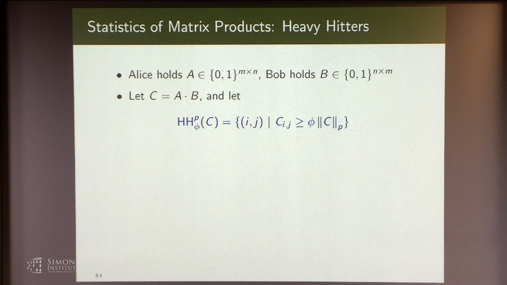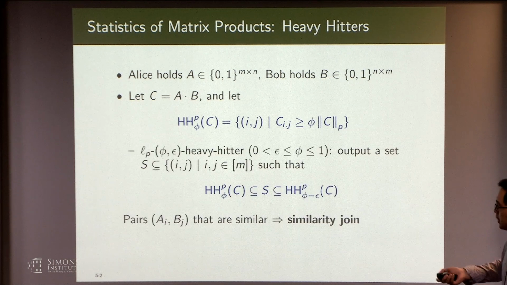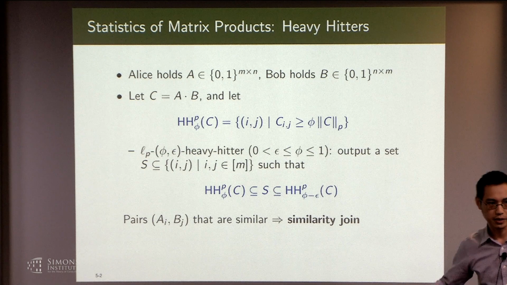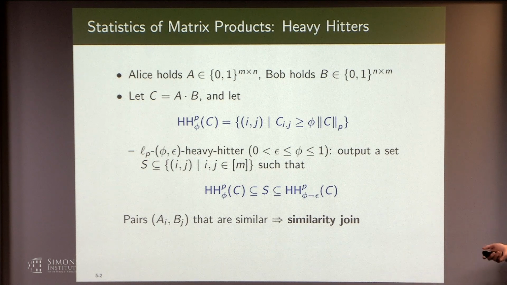We also study the problem of heavy hitters. Here we want to output all the entries of C that are larger than some threshold phi times the p-norm of C. Often we cannot compute this exactly, so we target an approximate version.